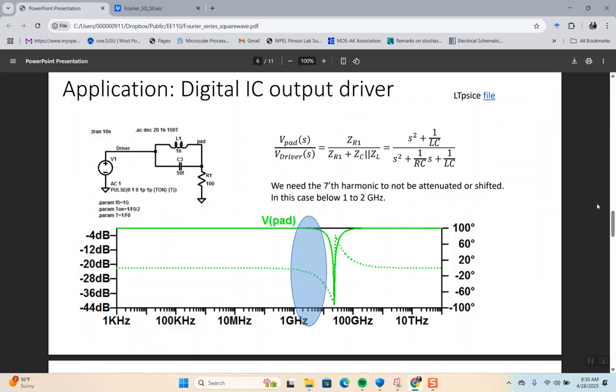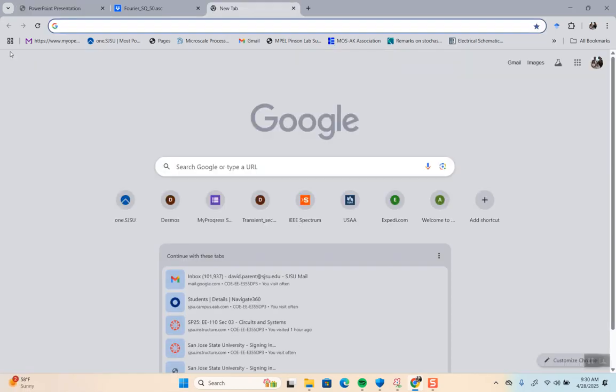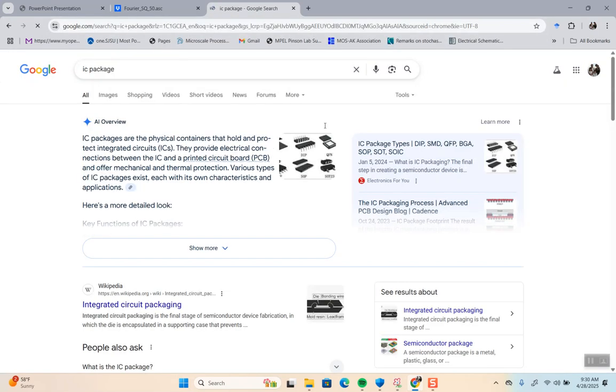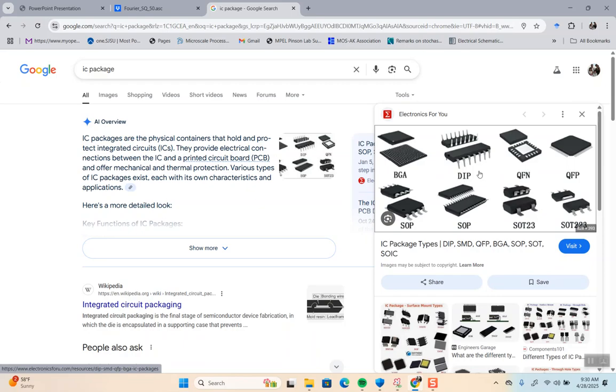And, a quick break from the math, is that we have a digital IC output driver. So you know what I mean. Just pick one. Over here, you see these packages, and these have wire, like a leg, right? At certain frequencies, you'll notice the inductance and the resistance, and then there's a capacitance.